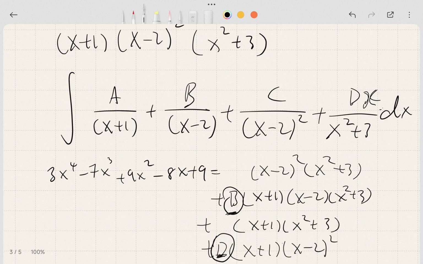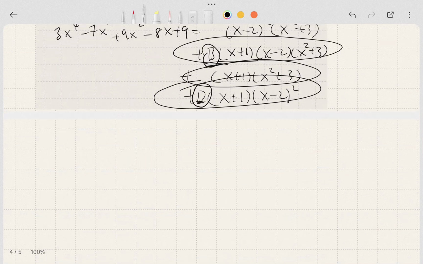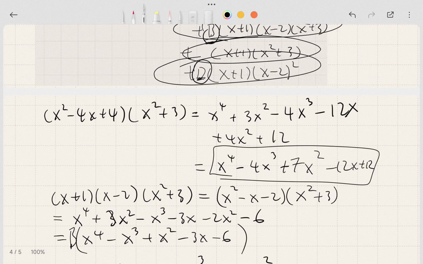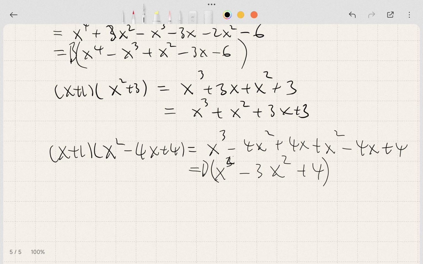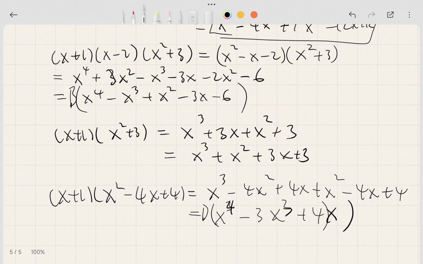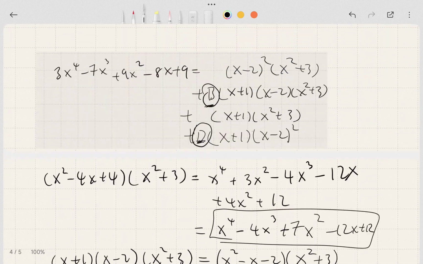Should be Dx here. So it's Dx. So now we have something.